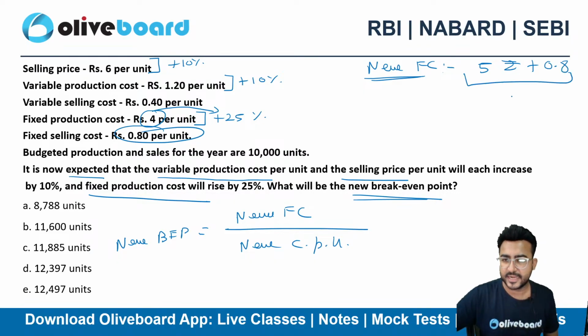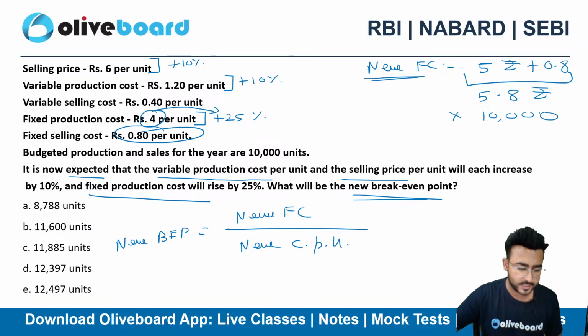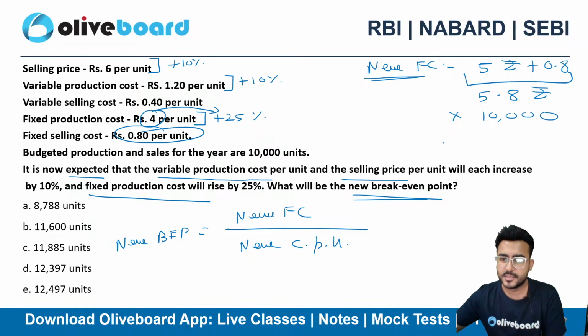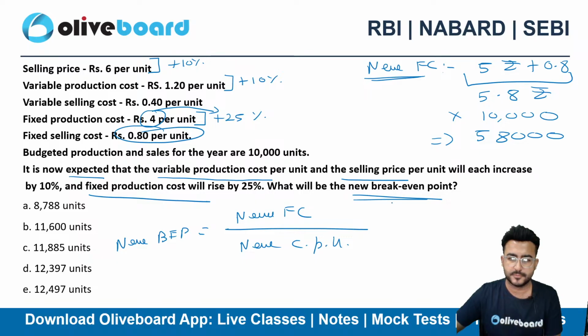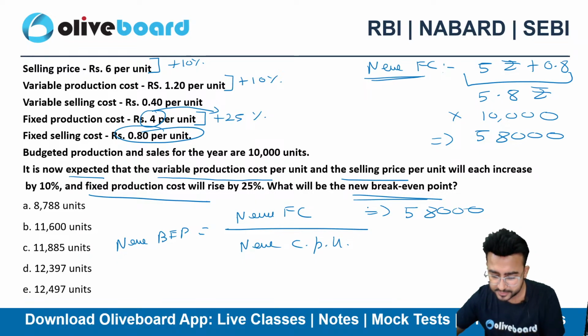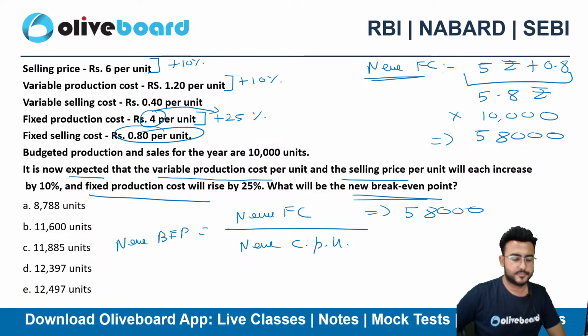So can I say that this is my new fixed cost? ₹5.8 per unit multiplied by 10,000 units, the total number of units. So 58,000 is my new fixed cost, right?